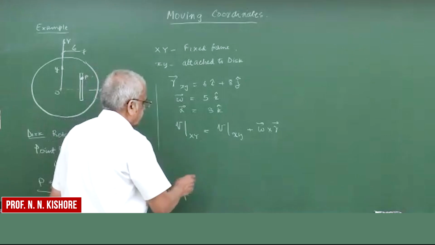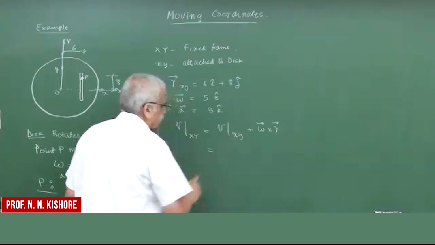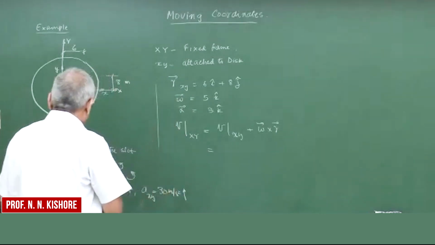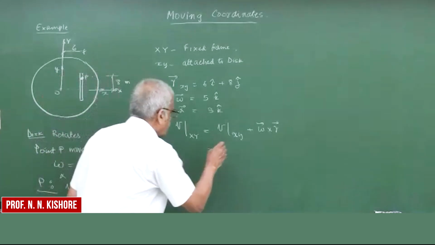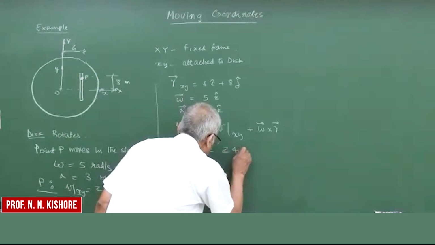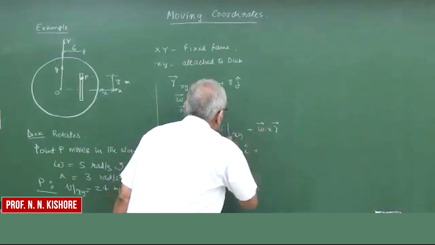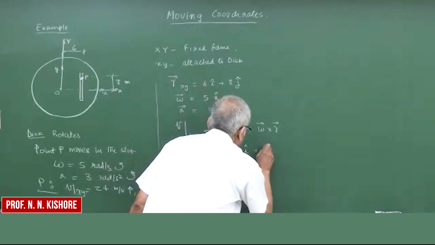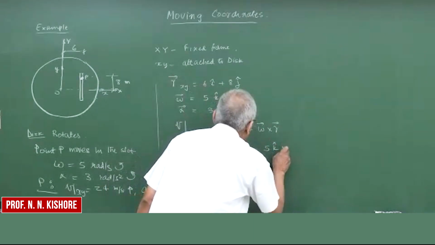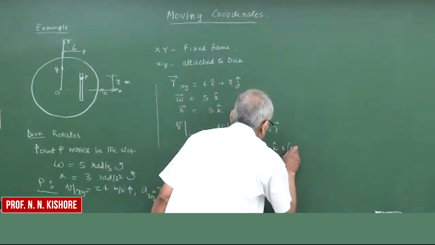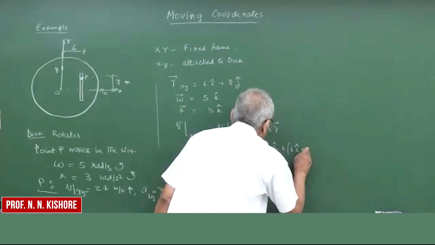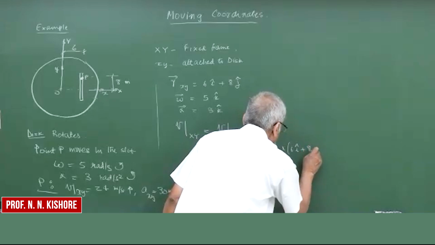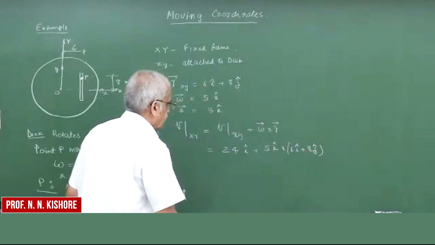So this vxy is given as 24j, and this is 5k cross r, which is 6i plus 8j.